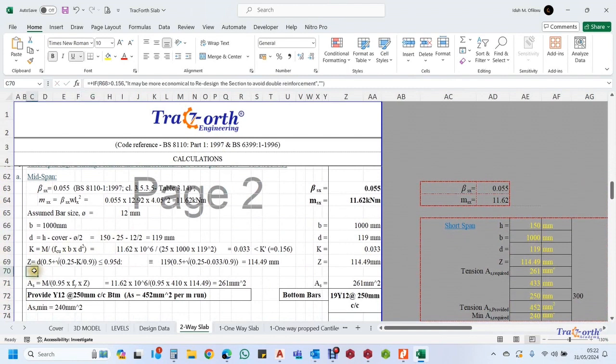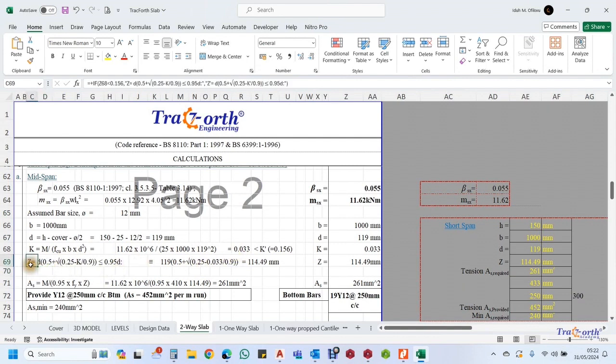Sorry, all those conditions are predetermined to alert me whenever I am going beyond bounds. So in this case, our K is equal to 0.033, which we'll now use to calculate our lever arm.